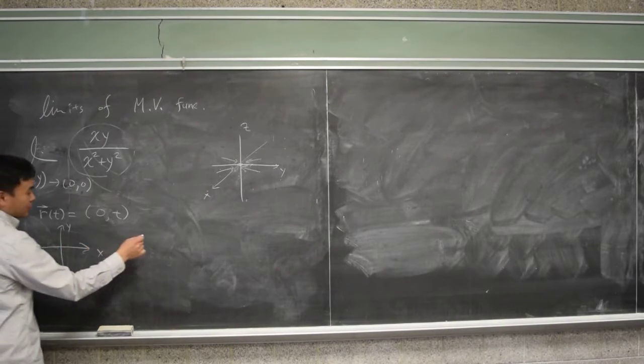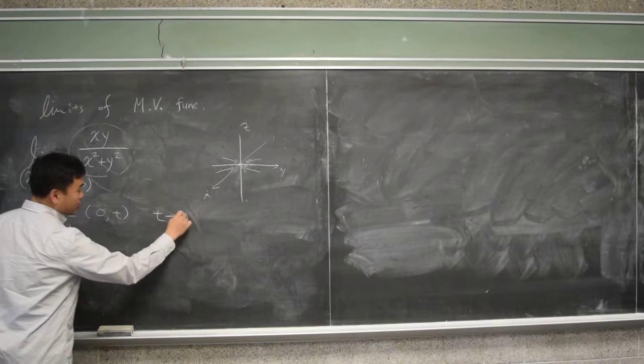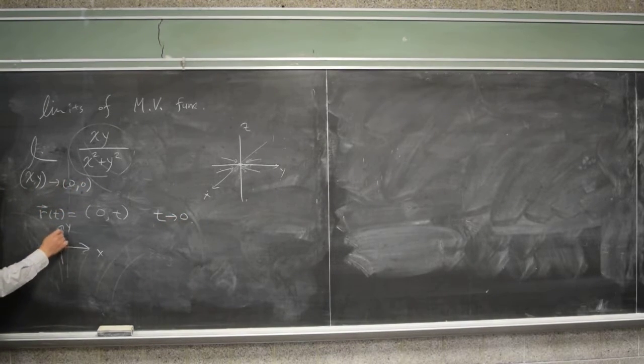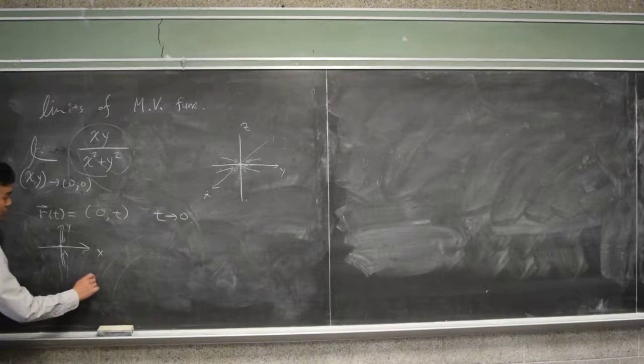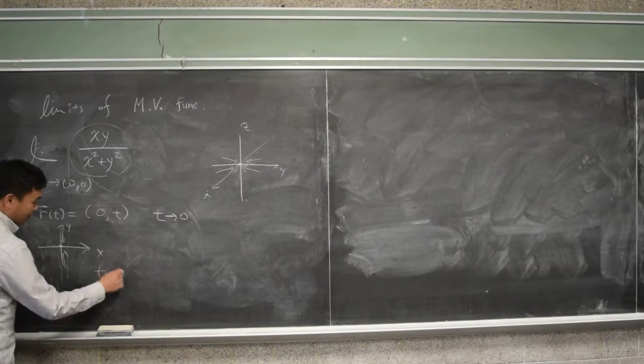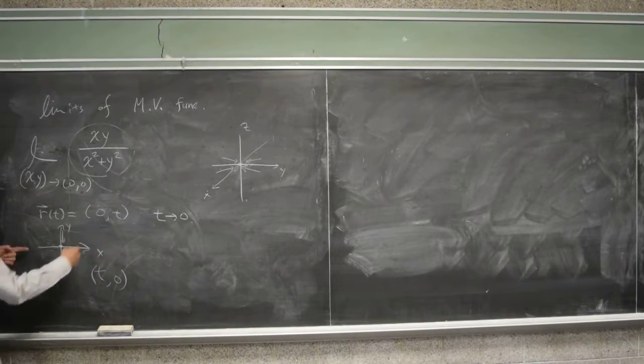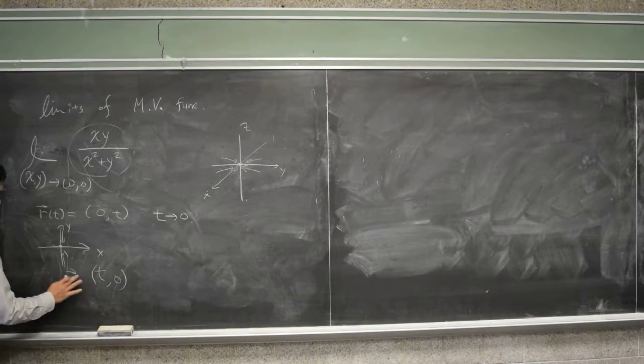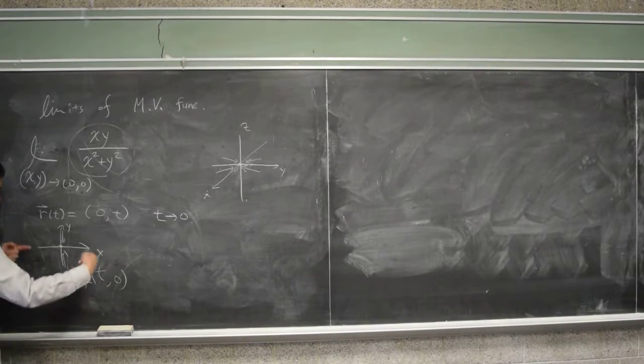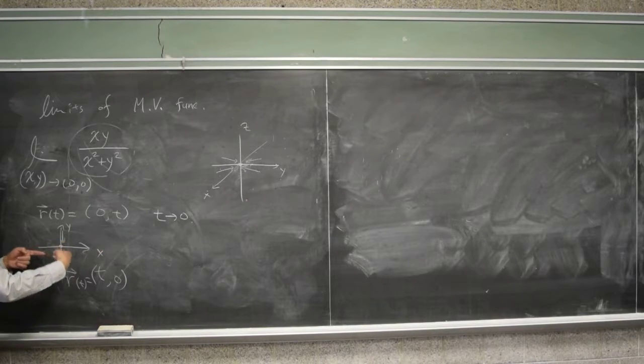And then if you send t going to 0, that's like approaching 0 either from here or there, right? So that's one way to approach 0. Another way to approach would be t, 0, which is, in this case, you'll be approaching this way, right?